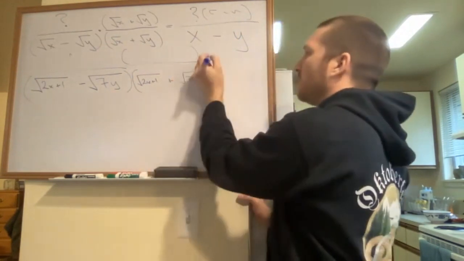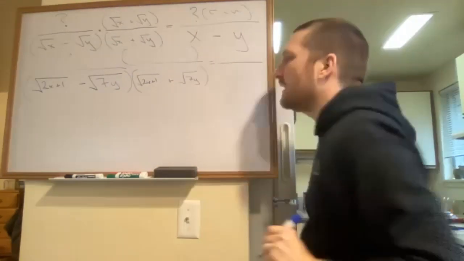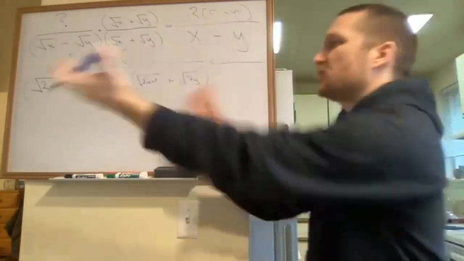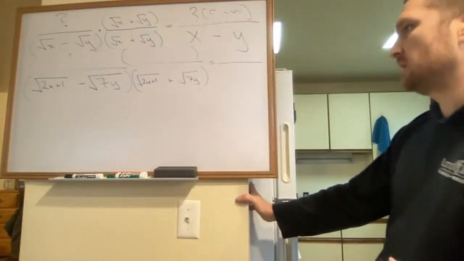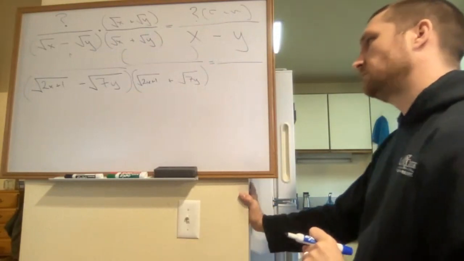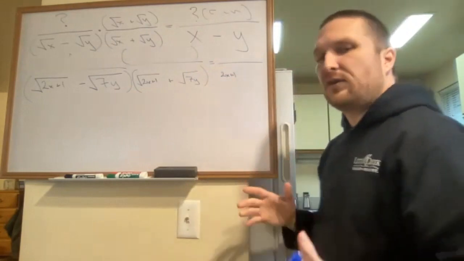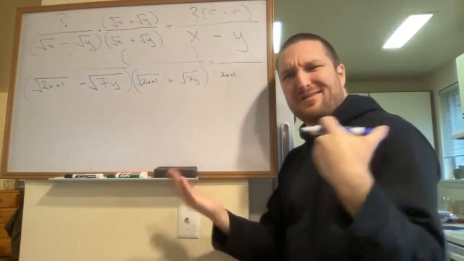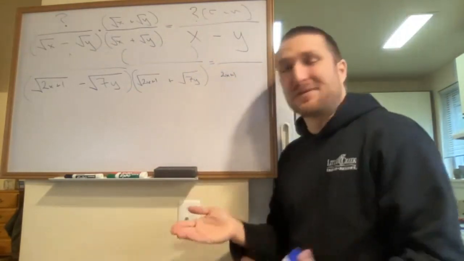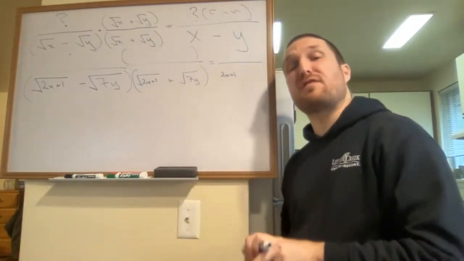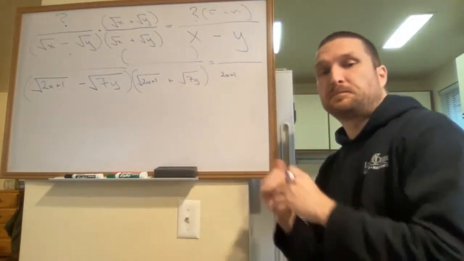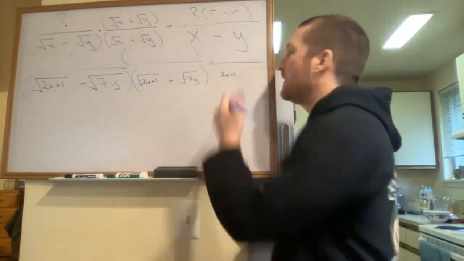And then that comes out to what? What does my first multiplication give me? 2x plus 1. There you go. What happens when you do the outer and the inner? They cancel. They do every single time. So don't worry about it. So finally, what do we have? Minus 7y.